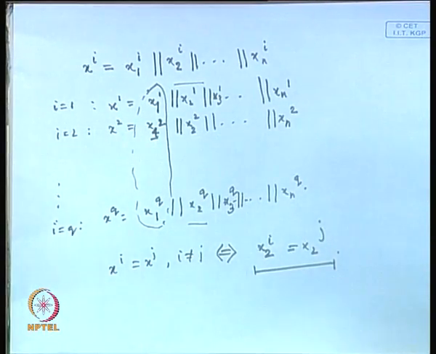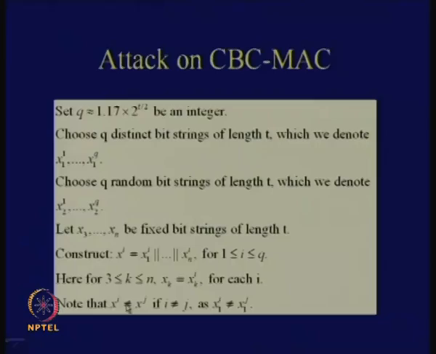So the idea is that x_i and x_j not being equal to each other, if i is not equal to j, means that x_1^i is not equal to x_1^j. Sorry, this will actually be x_2, because x_1^i is always equal.